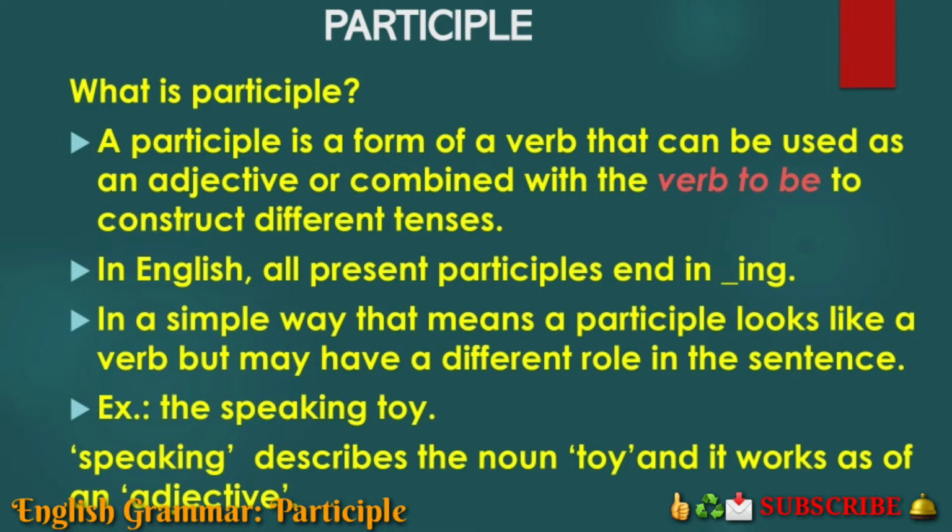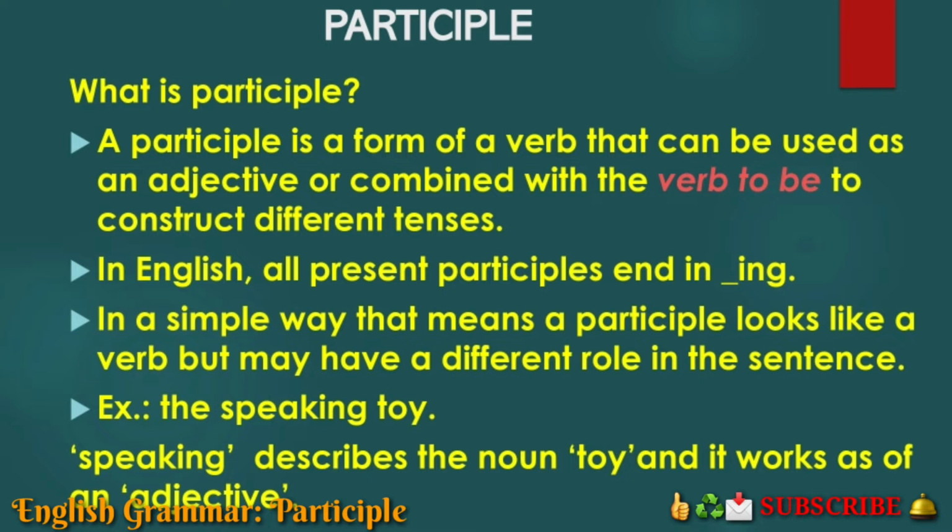In a simple way, that means a participle looks like a verb but may have a different role in the sentence. Yes, students. Just now we have seen the examples of non-finite verb. There we have seen the verbs look like a verb but play a different role of adjective.